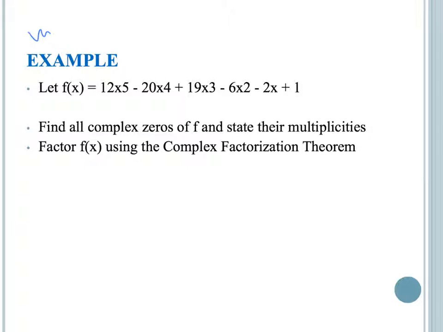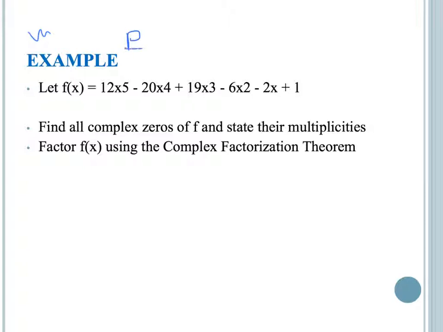Okay, so if I take a look at this 5th degree polynomial, and I need to factor this. As a 5th degree polynomial, I need to get this down to a quadratic before I can get to the quadratic formula. So I'm looking at all of the possible p over q's that I could have with this, which means I'm looking at the 1 and the 12. And unfortunately, 12 has a bunch of factors.